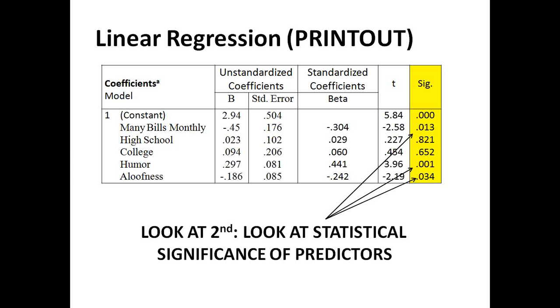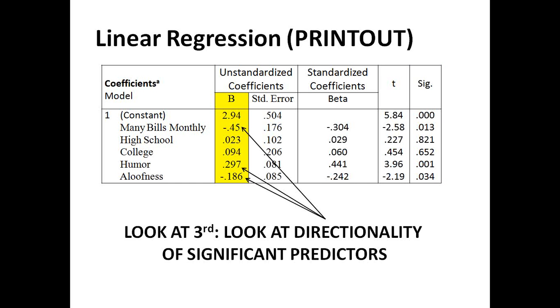The high school and college education is not statistically significant, so we don't consider that, but humor is significantly related to happiness. So we have many bills monthly is related to happiness, and humor is related to happiness, and your level of aloofness is also significantly related to your level of happiness. So we have three significant predictors in the model.